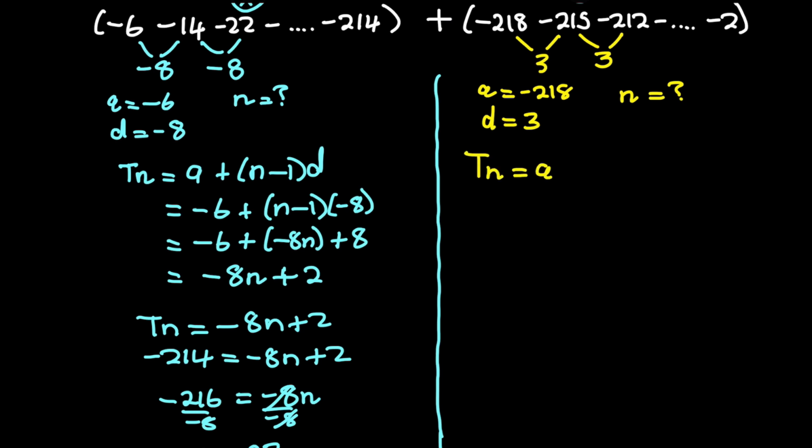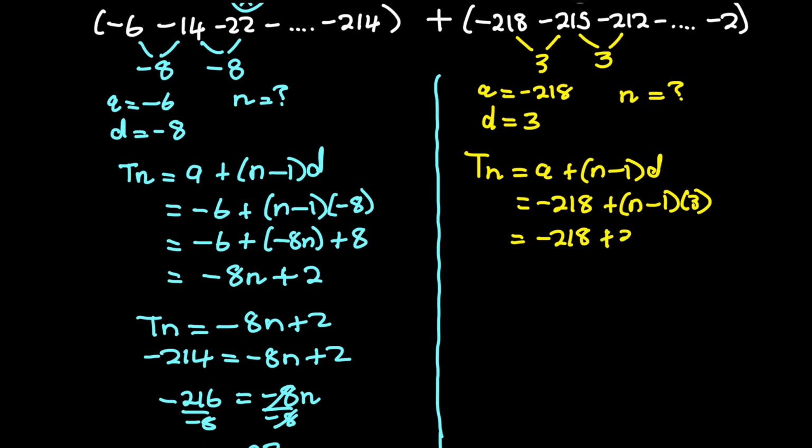a plus n minus 1 times d. a is negative 218, and substituting n minus 1, difference is 3. And then we do our mathematics. Multiplying with the bracket gives 3n minus 3.